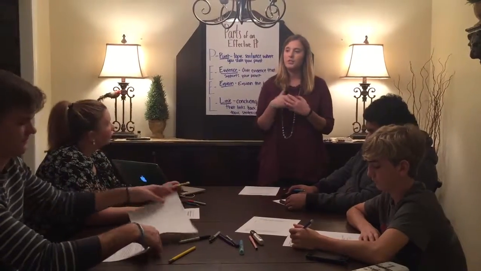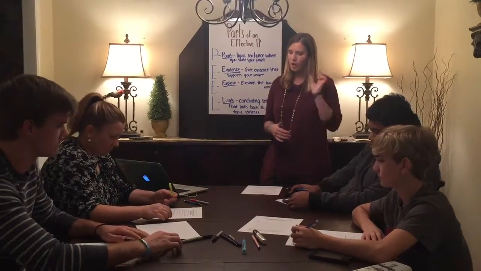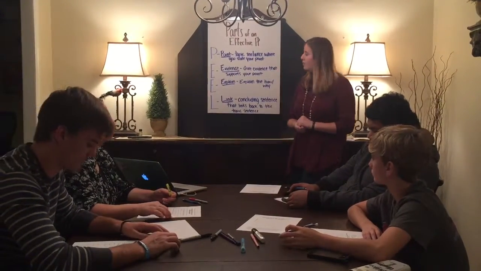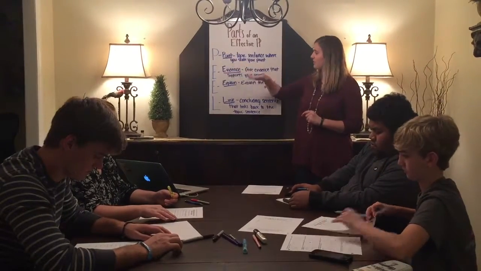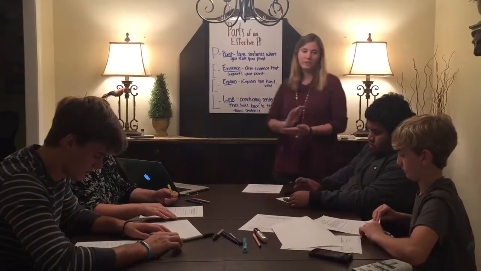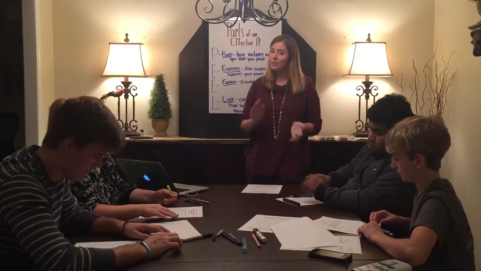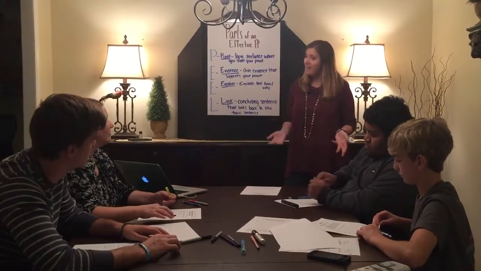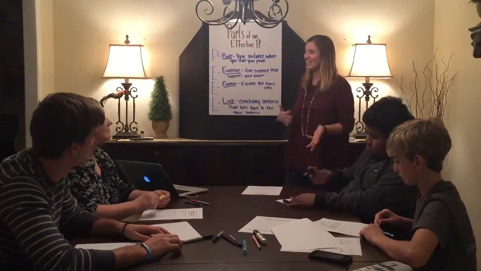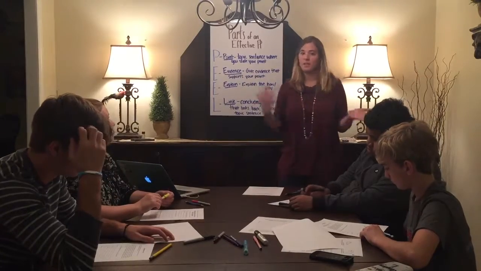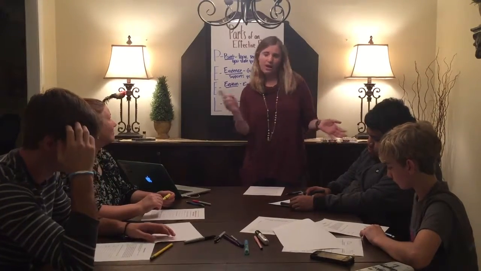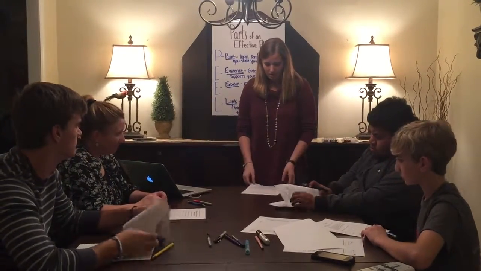Just make sure that they're different for each part. Highlight the point, the evidence, and so on, with different colors. For example, if there are two pieces of evidence in your paragraph, then you need to have two different yellow highlighter marks.